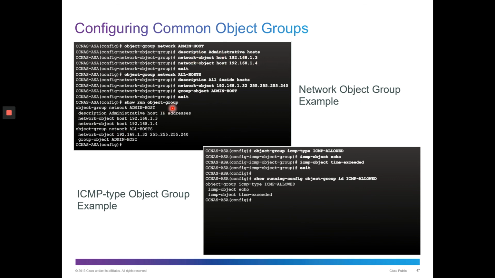For example, admin hosts are allowed to do certain activities, and on all hosts maybe they will be denied access to router configuration or SSH connections, or any other services that you want to specify using ACLs. So you can do that as well.